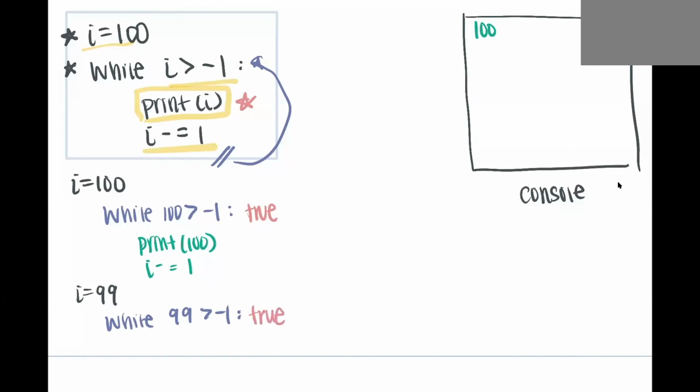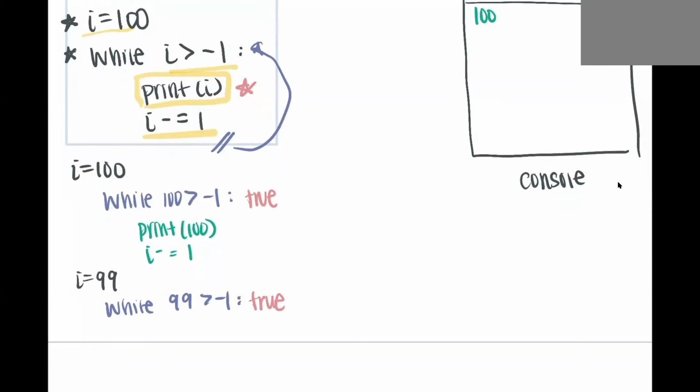So because this is true, we're going to go inside of that body, the indented code block, to run it. So it's going to print out the 99 because that's our current I value. So 99 will print. And then after that, it'll decrement I. So I minus equals 1. So now our I value is 98.